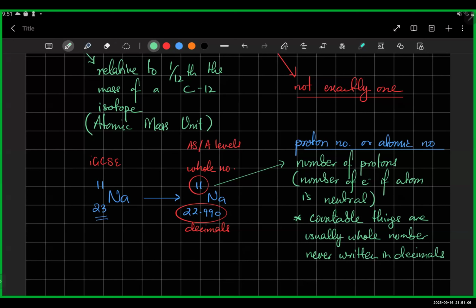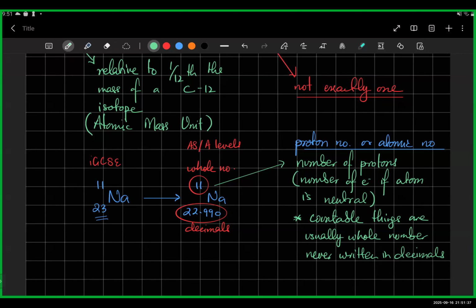If you've got three spoons, you're never going to have 3.001 spoon. You're either going to have two spoons or three spoons. There's not going to be anything in the middle. You've got two t-shirts or three t-shirts. You're going to have five t-shirts, but you're never going to have 5.0187 t-shirts, right? So remember when you're counting things, it's usually a whole number.